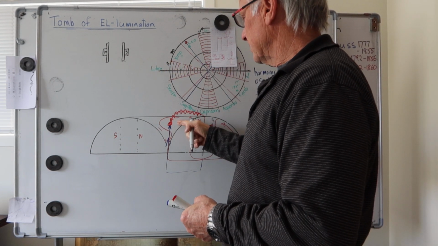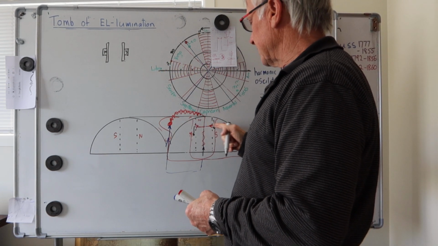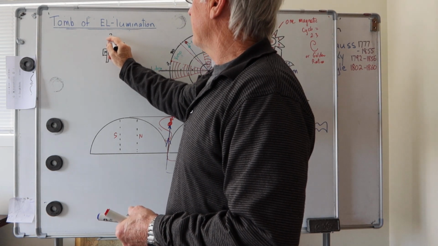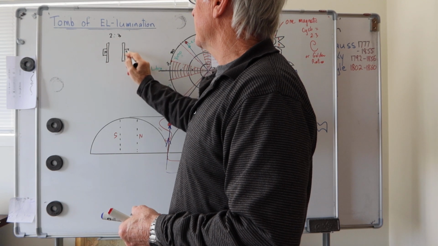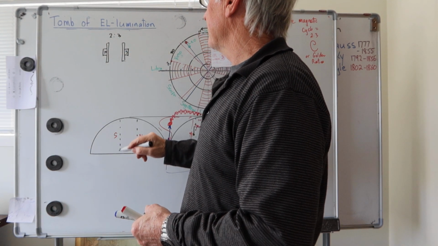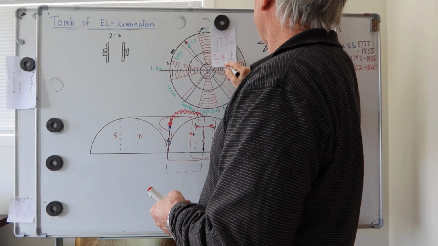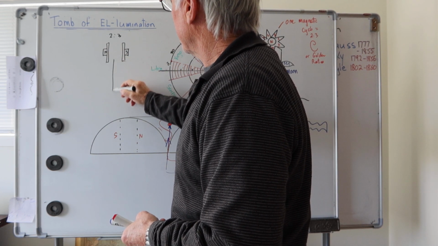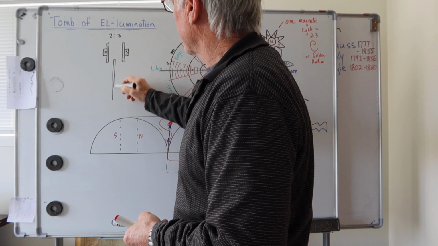The North Pole is way more energy than the South Pole. It's a strong force and a weak force. So there has to be maybe a 2 to 3 ratio between the strength of these. Okay? And then what have we got? We've got the earthing peg or rod.